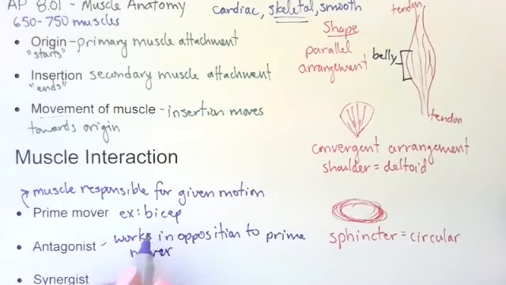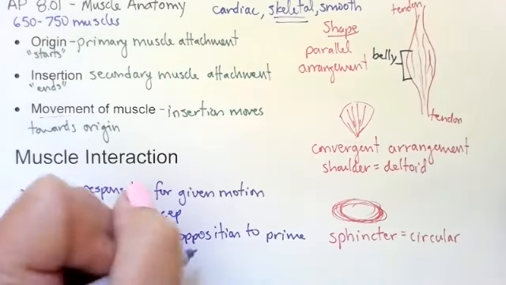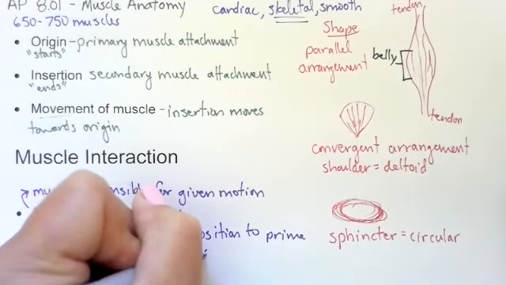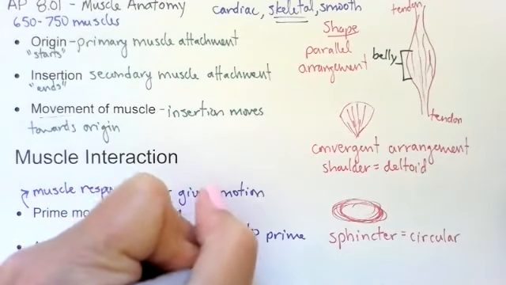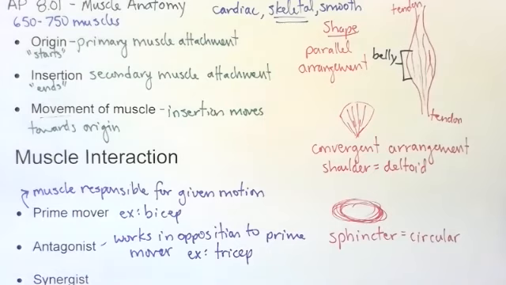So if we're using the bicep as the prime mover, the antagonist to that would be the tricep. If I flex my bicep and I want to undo that, it's the tricep that undoes it. So these two always work in opposition. Another example, as a group, is your quadriceps and your hamstrings. Your quadriceps flex and your hamstrings extend.